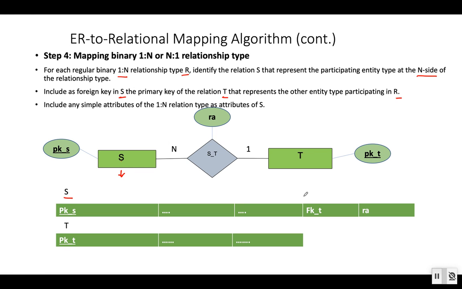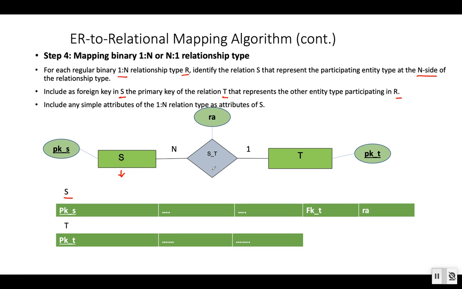S will include a foreign key, and this foreign key is going to reference the primary key of the table T. Now if the relationship has other attributes, we are going to include the attributes in the same relation where we are including the foreign key.